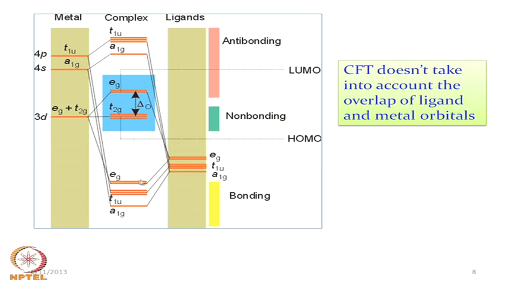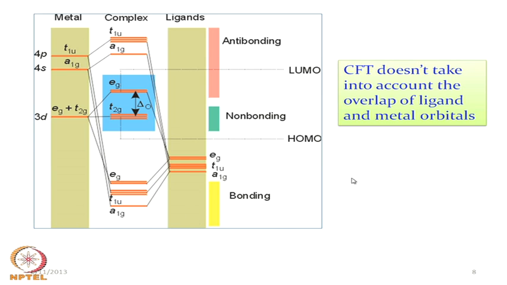The strength of the metal-ligand bonding, or the strength of the metal ion complex, depends purely on this sort of interaction, where the 6 orbitals of A1G, T1U and Eg symmetry serve as the bonding level, the blue and yellow shaded region.